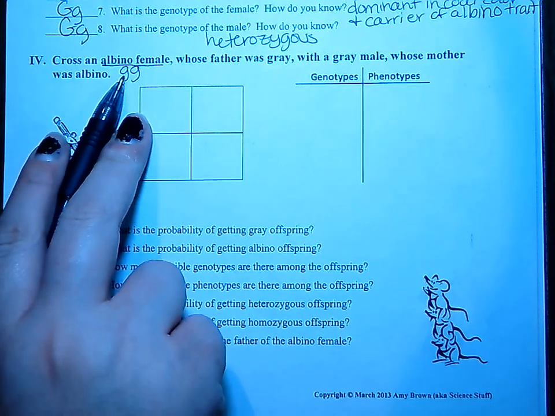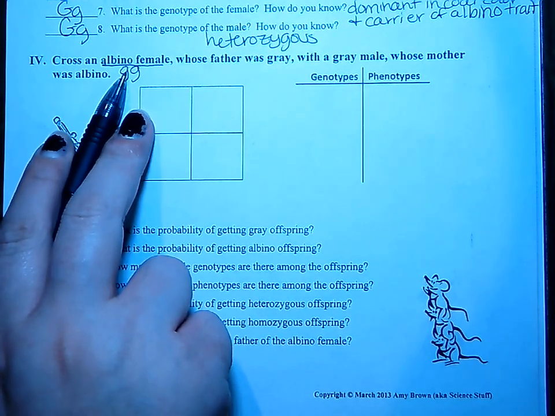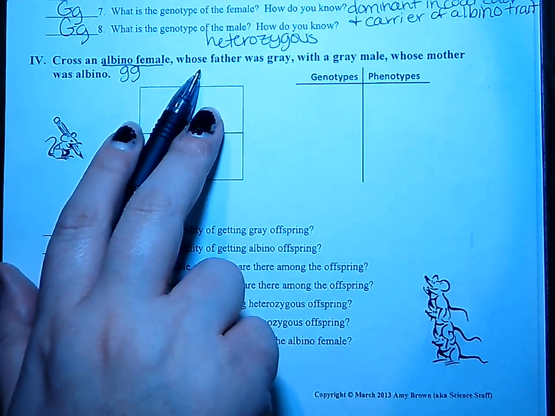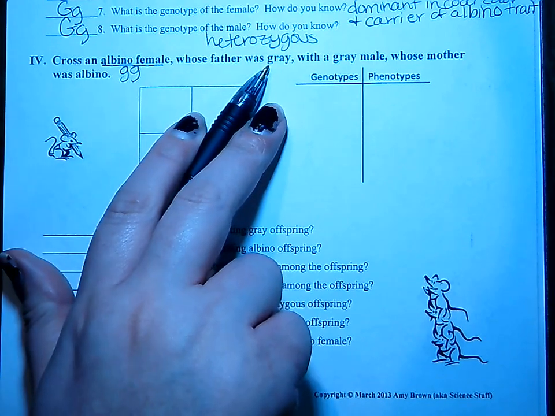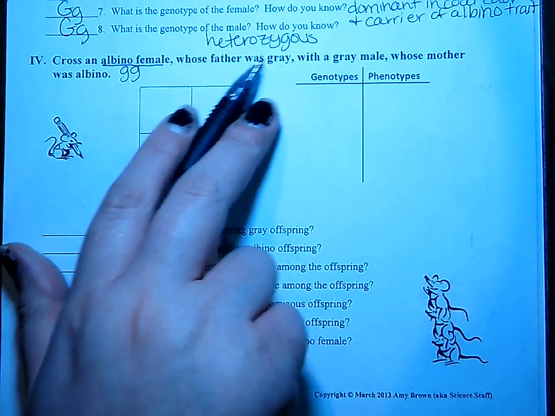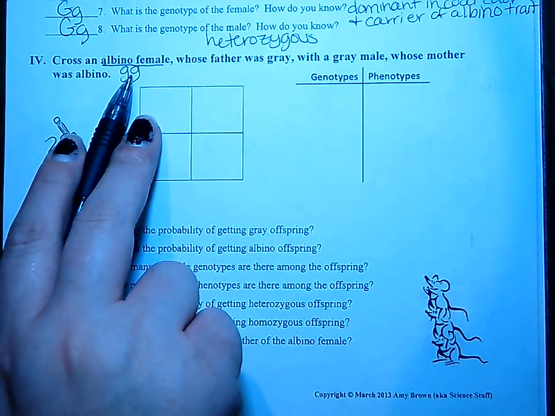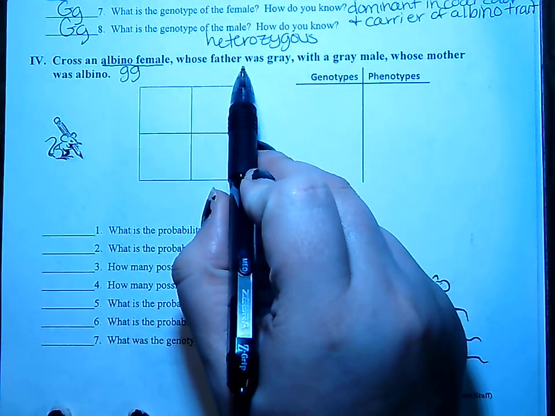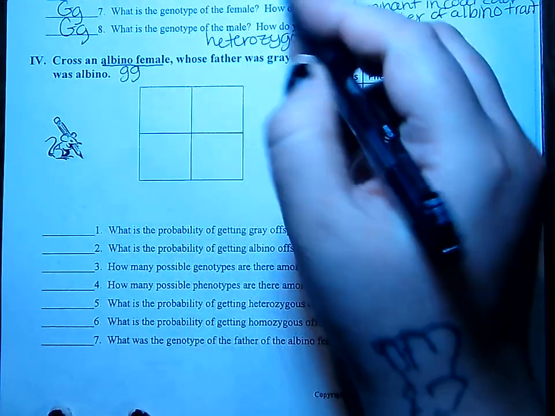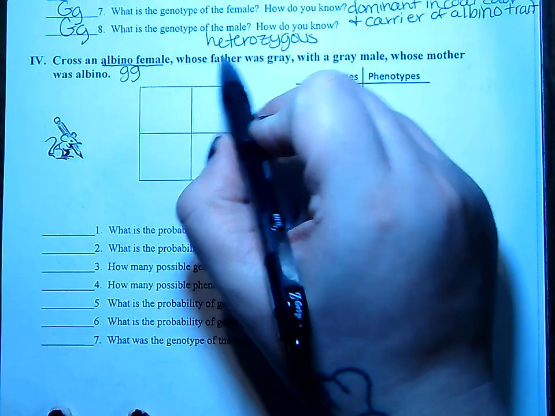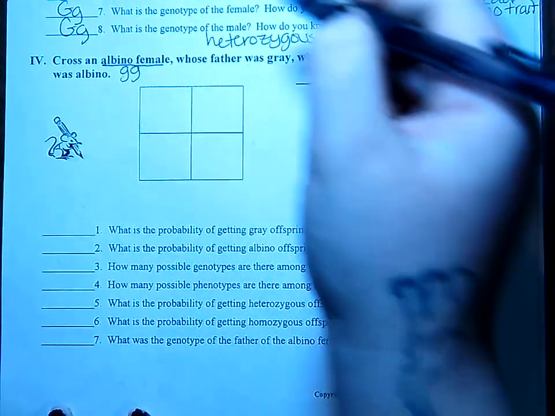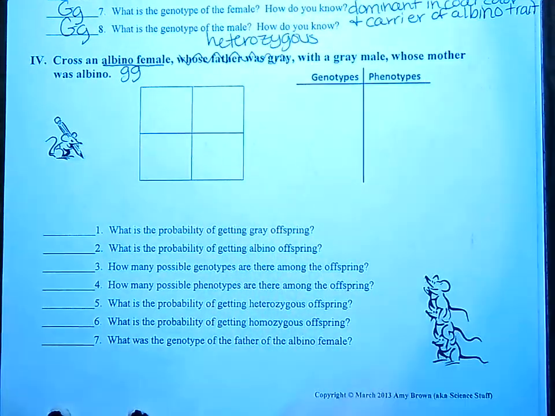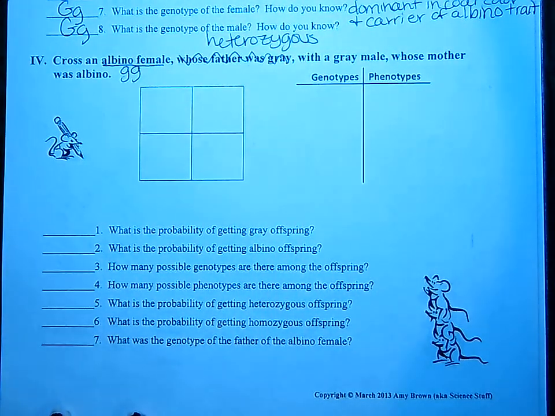That's the only way any of these little critters can be albino. Now, it's not important information in this word problem that her father's gray because she has both alleles recessive. So her father is probably going to be big little, but that's not who we're crossing her with. So this is not important information right this moment.